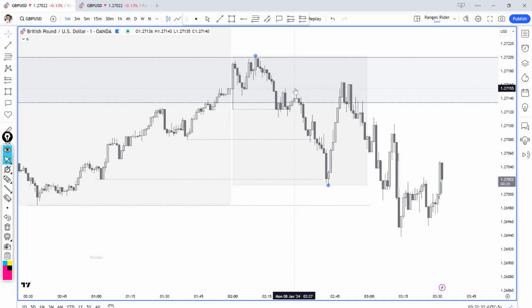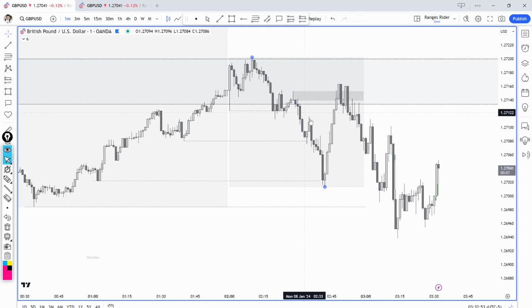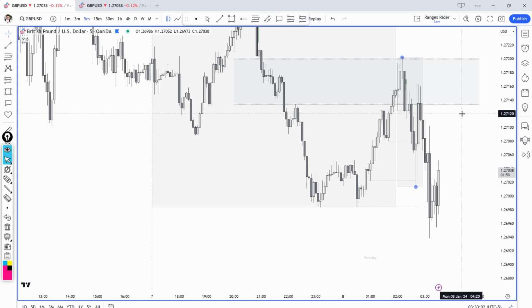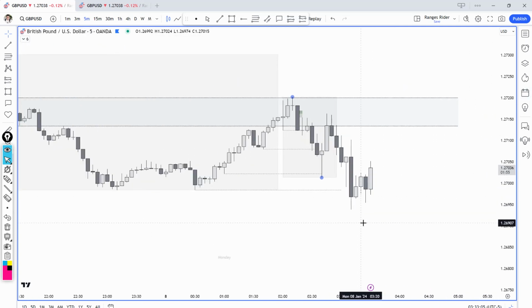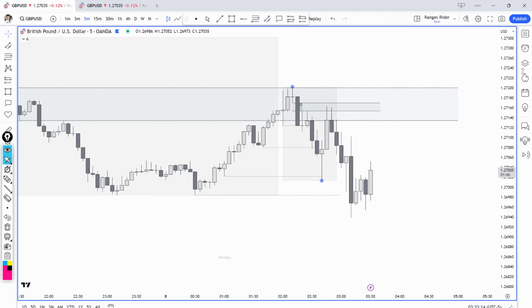And once we got the QM, think about it. Why am I expecting this swing high to be taken out? Why not this one? If I just say this swing high is to be taken out, and I say, okay, this is the POI, and I just enter here, with stop loss here or here. Why am I expecting this high will be taken out, not only this one? If we go one time frame higher, 5 minute, look here. This was the fair value gap, and the same concept.